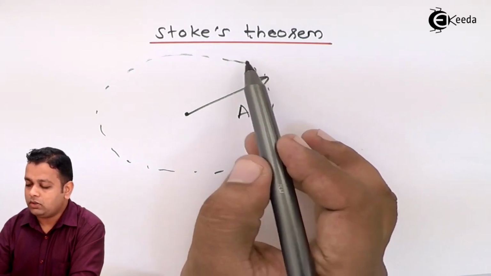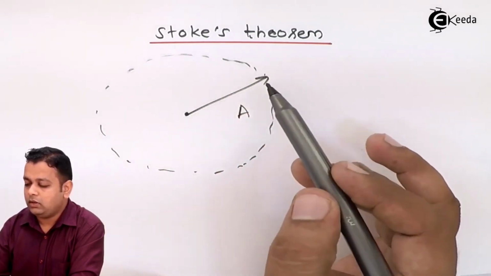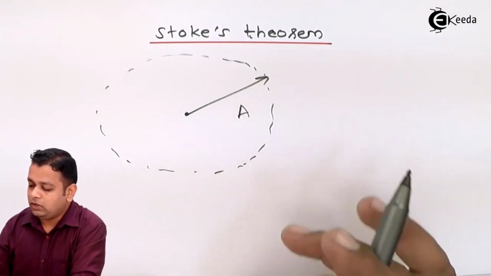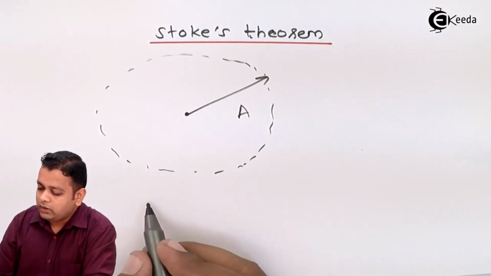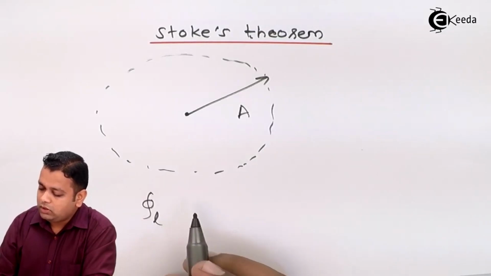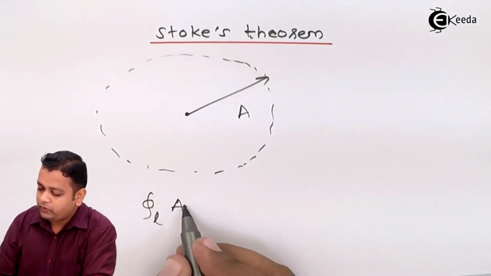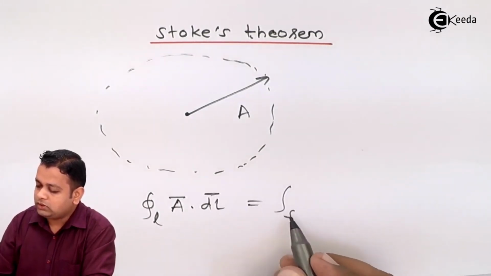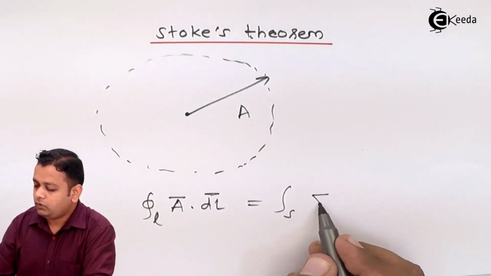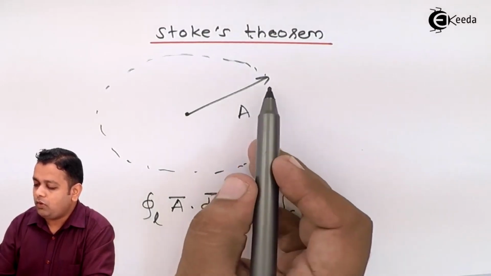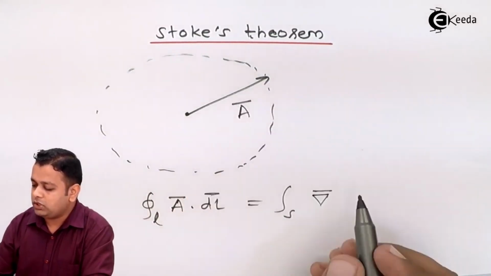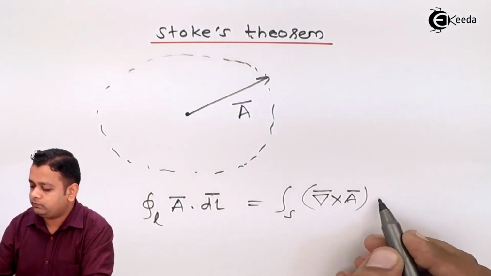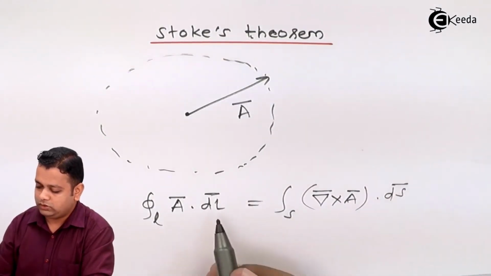So this contour will be denoted by line integral. So here we equate the two, that is closed contour integral or closed line integral A bar dot dl bar with surface integral, as the tip of vector A is having rotation, it will be del bar cross of A bar, curl, dot ds bar.